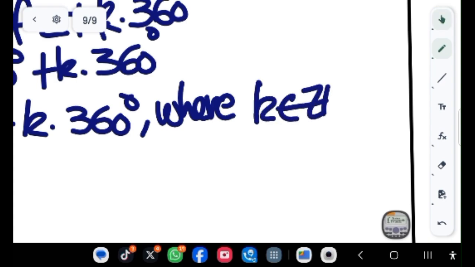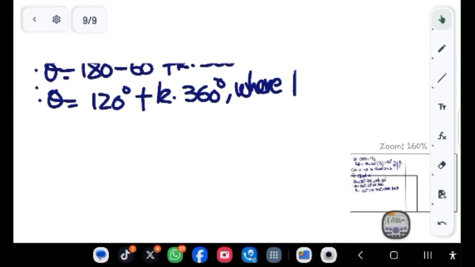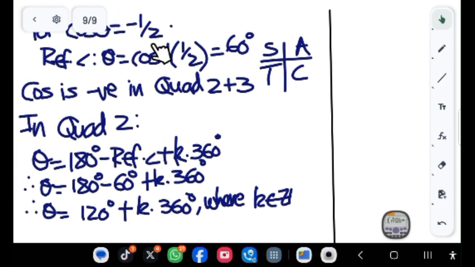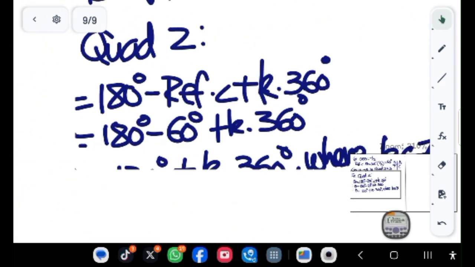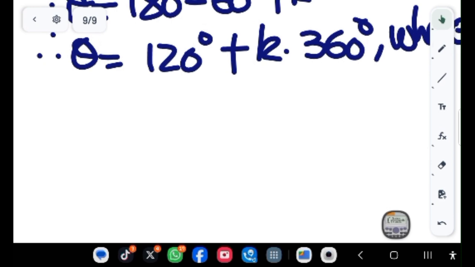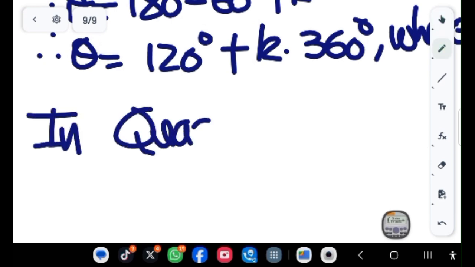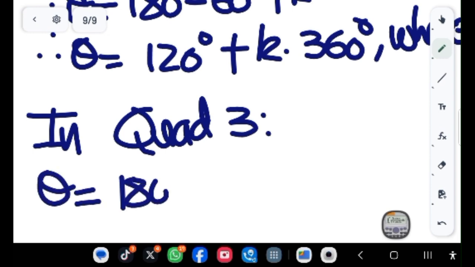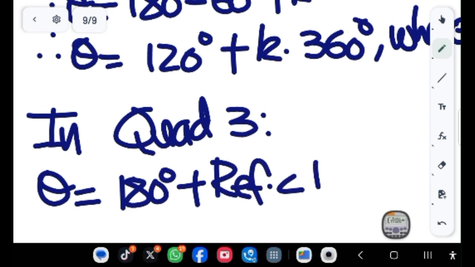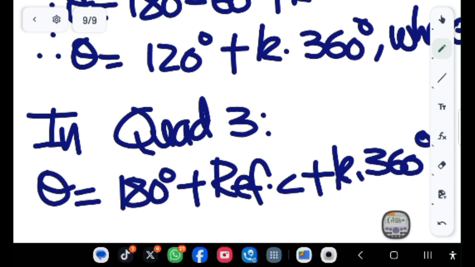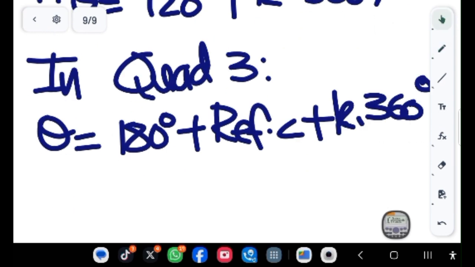Next, in quadrant 3, where cos is negative, the angle is expressed as 180 degrees plus theta, so that will be 180 degrees plus the reference angle plus k times 360 degrees, where k is an element of integers.